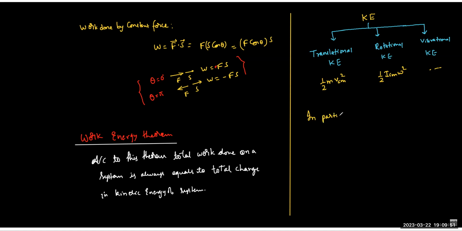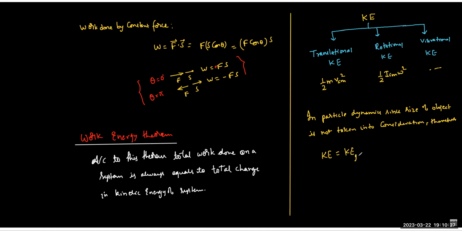In particle dynamics, since the size of the object is not taken into consideration, therefore KE is always translational KE, and we simply write it as half mv square.